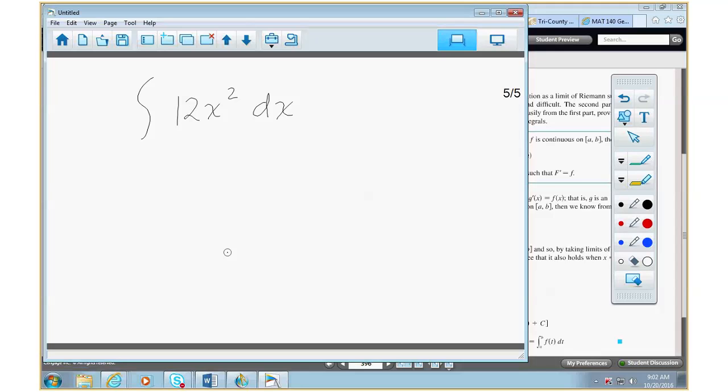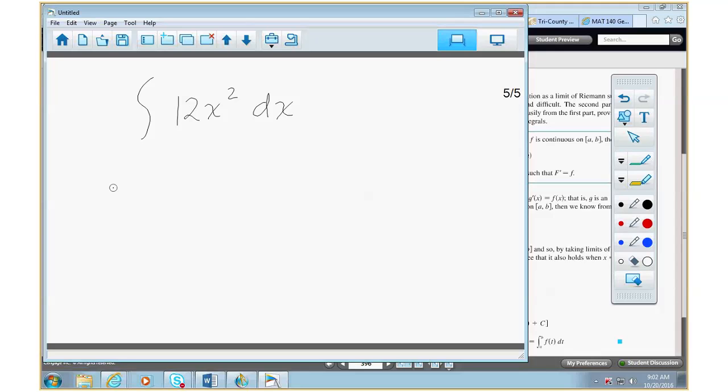These are indefinite integrals because they don't have any a or b. Now, in just a minute, we'll show you the difference between a definite integral and an indefinite integral. These are indefinite integrals.